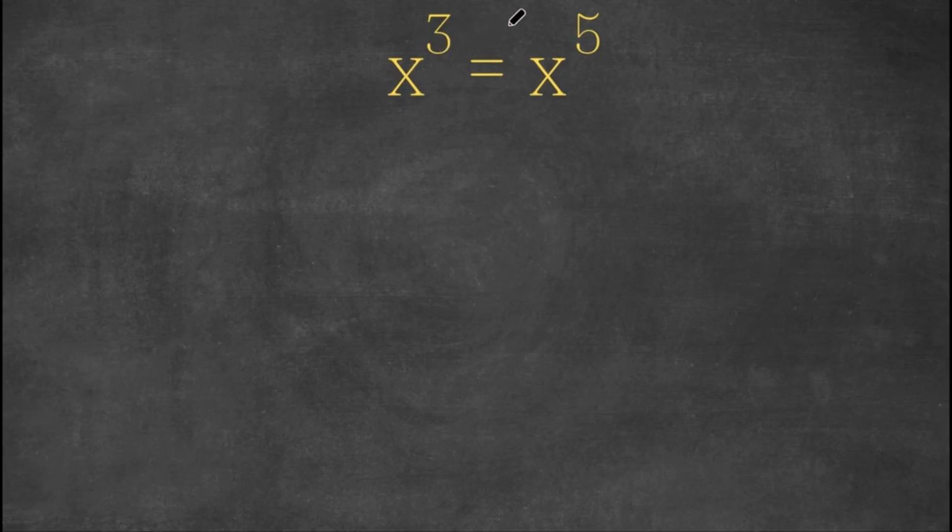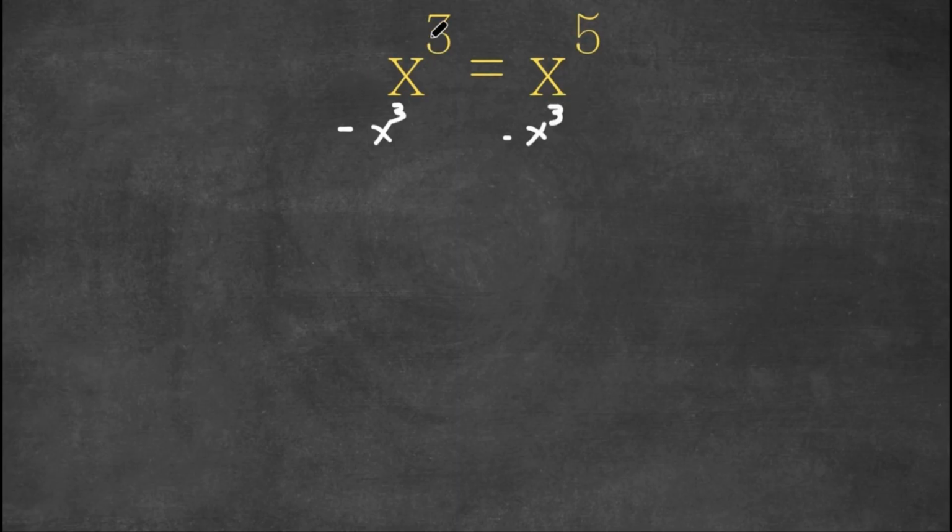x to the power of 3 equals x to the power of 5. So what we're first going to do is subtract x to the power of 3 on both sides.